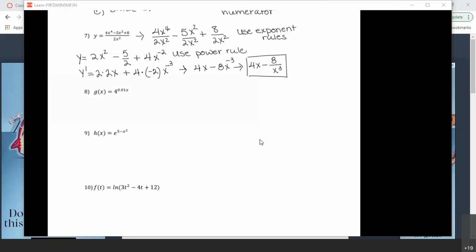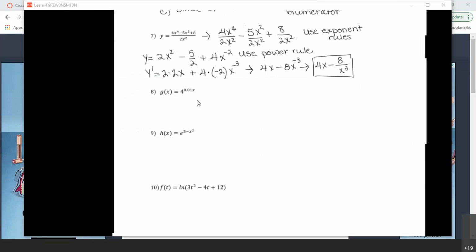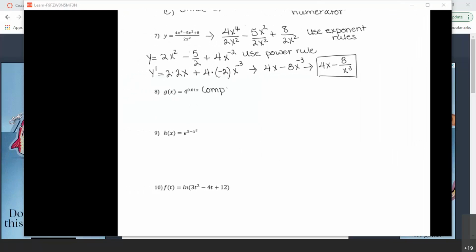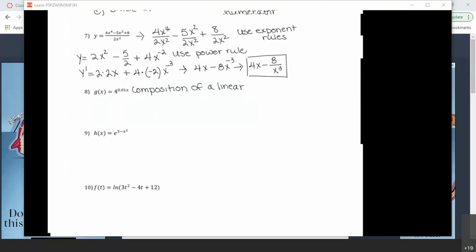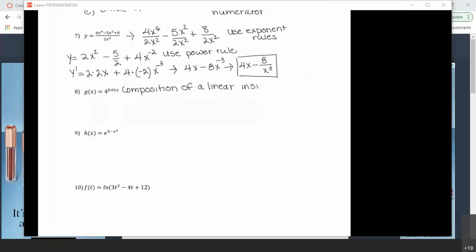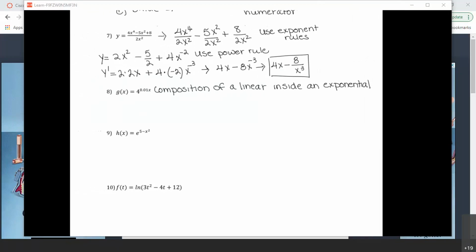So what you've got here is actually a composition of a linear function, that's the exponent, inside an exponential. The reason it's a composition is because this isn't just plain old x, it's a number times x.